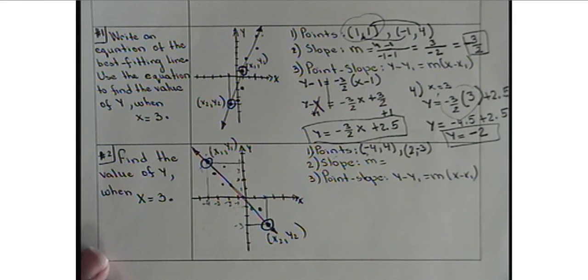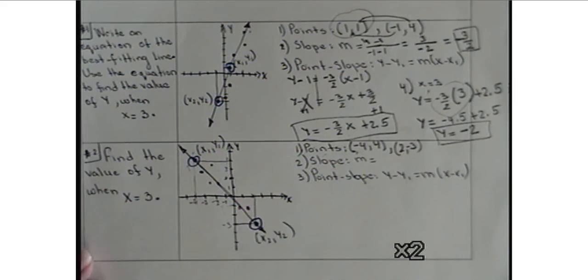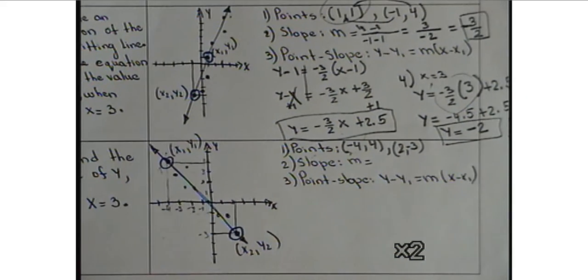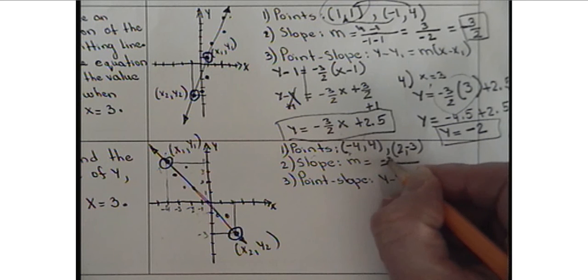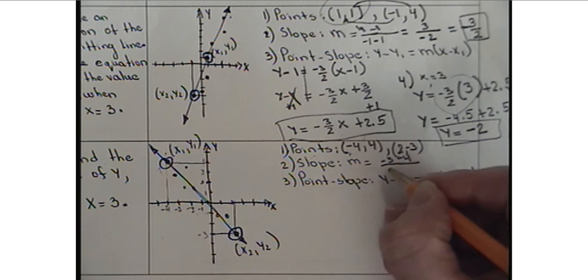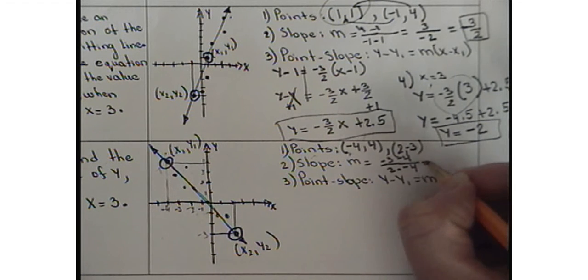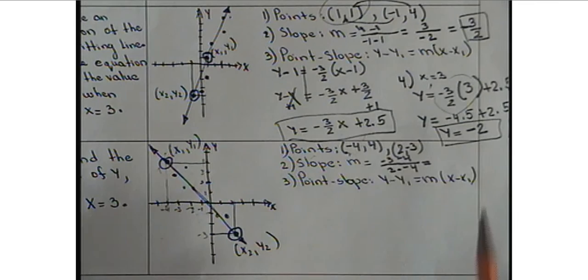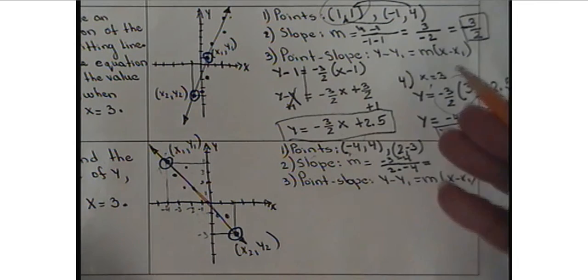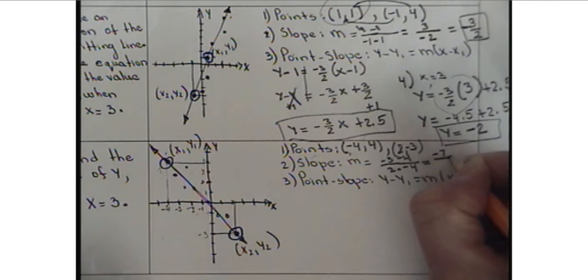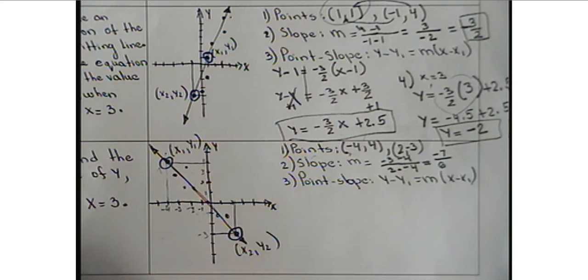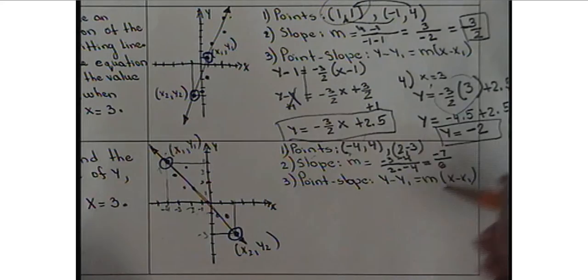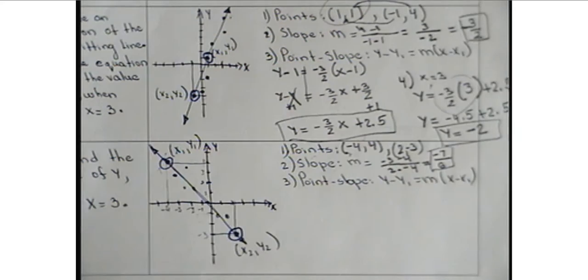Next thing I want to do is to calculate the slope. So using those points, I'm going to write down negative 3 minus 4 over 2 minus negative 4. That will be equal to negative 3 minus 4 is negative 7 over 2 minus negative 4 will be just 6. So negative 7 over 6 is the slope here.